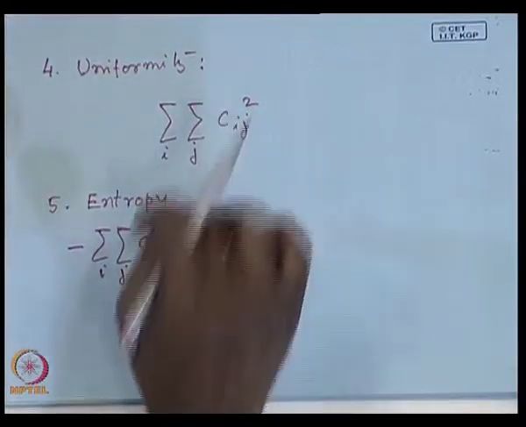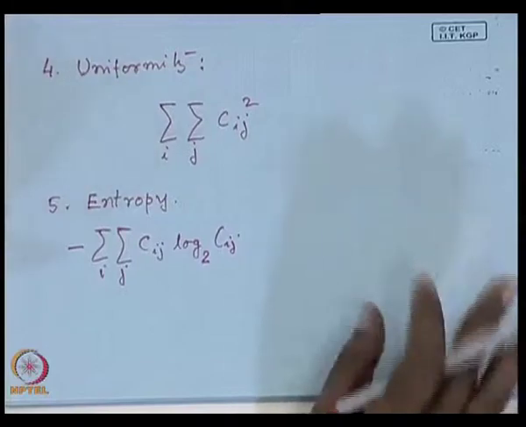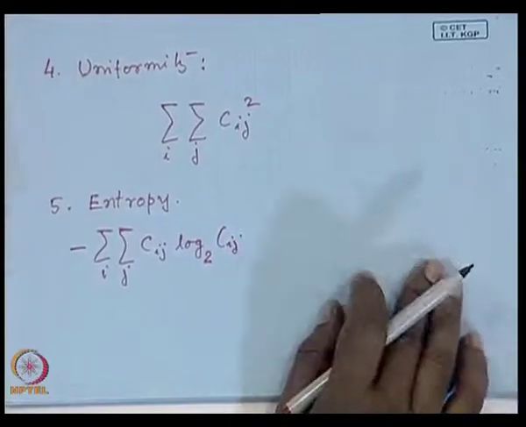Okay. So, these are the different kinds of features we can obtain in the spatial domain by making use of the co-occurrence matrix of the texture. There are various other ways to generate spatial domain features, but I am not going into details of all of them.